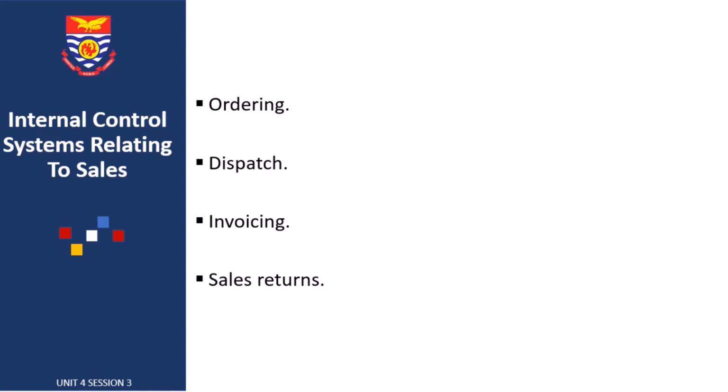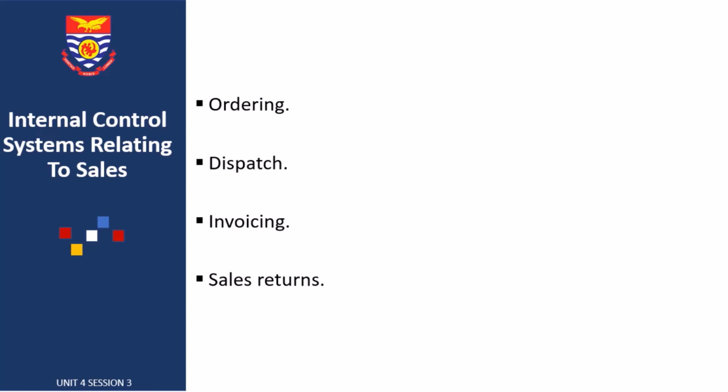Now, the third control when it comes to sales is invoicing the sale. The person made an order, you have to dispatch it, and you also have to provide some kind of invoice. Sales invoices should be authorized by a responsible official and refer to the original authorized order and dispatch note.